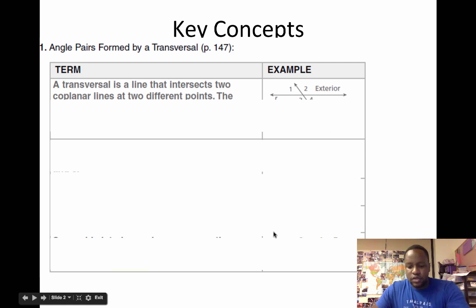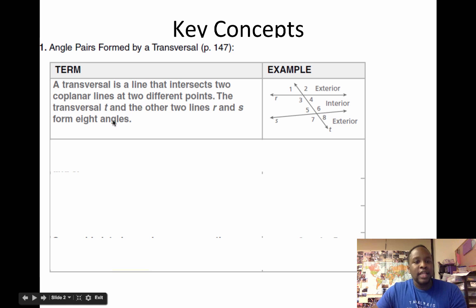So, a transversal is a line that intersects two coplanar lines at two different points. Like this one is the transversal because it intersects two lines at two different points. This one only intersects once, and this one only intersects once.